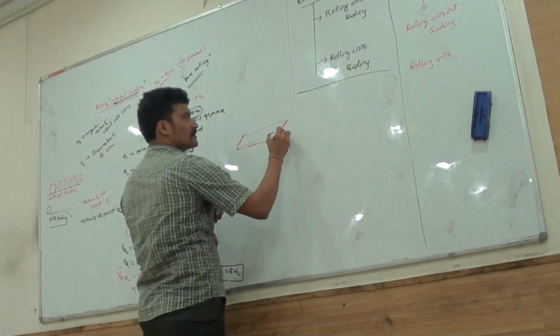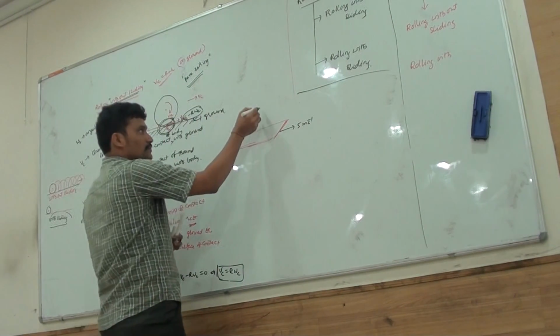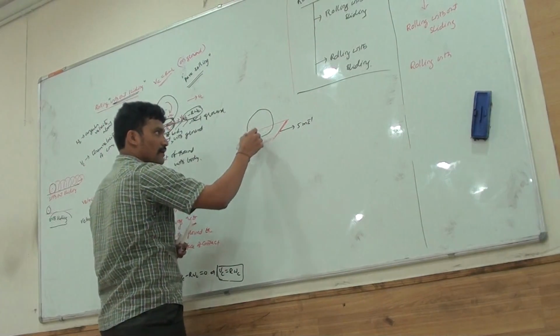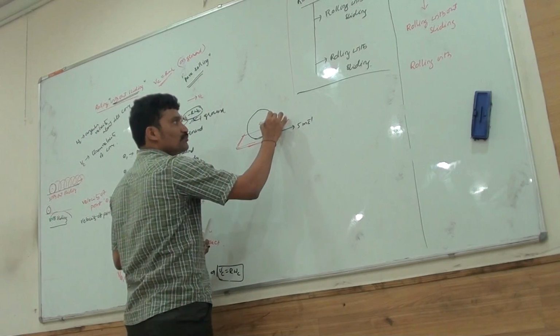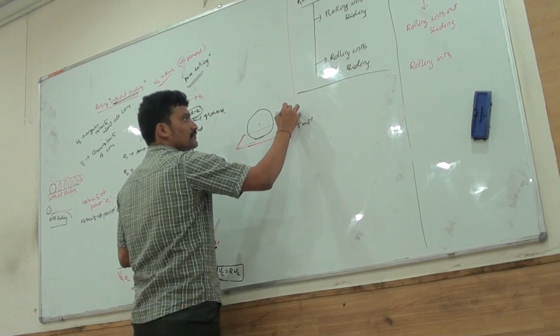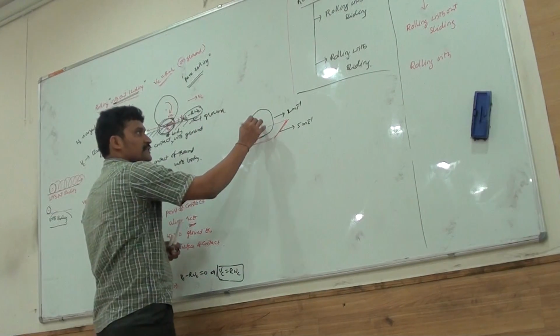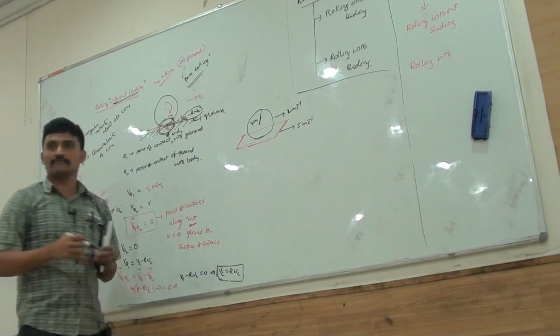The platform is moving with a velocity of 5 meters per second. On this platform, you take one rolling disc. This is the center of the rolling disc, which is moving with a velocity of 2 meters per second. The radius is 4 centimeters.